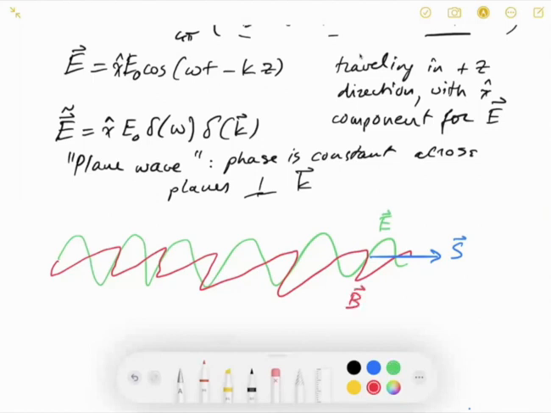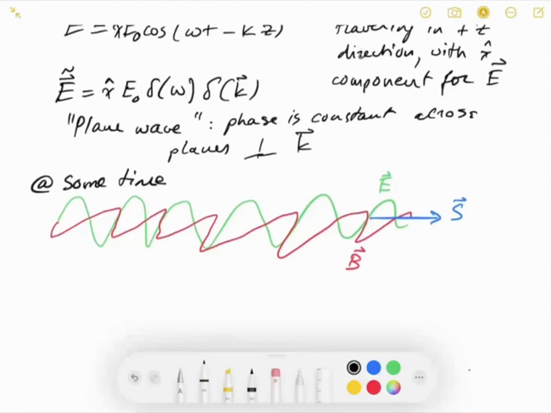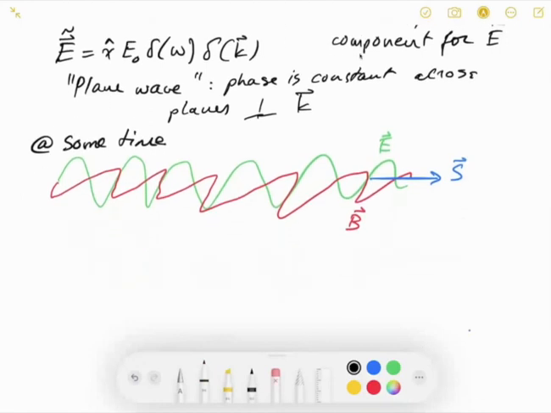Okay, and this is at some time. In this case, my question to you is, what is the Maxwell stress tensor?